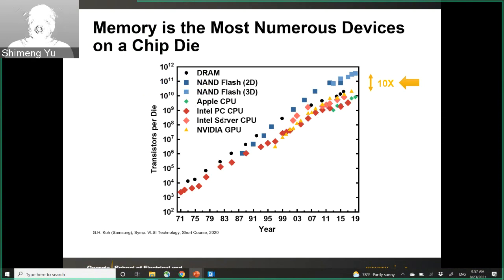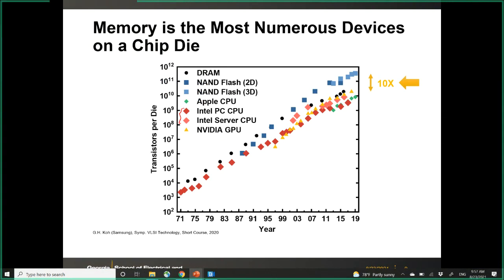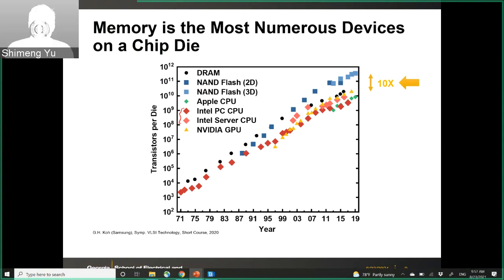Let's say the red ones are the Intel CPUs for both your PC and server. Of course, this has a long history starting from the 1970s. And at that time, the system also has the DRAM. These red ones are the CPUs, and then the black ones are the DRAM.